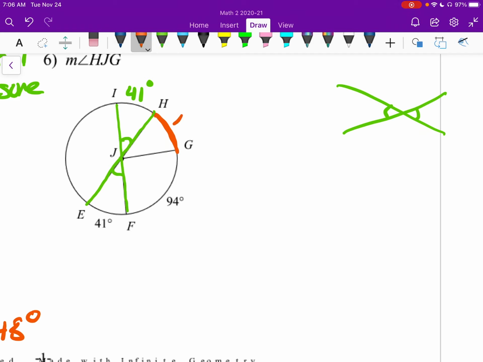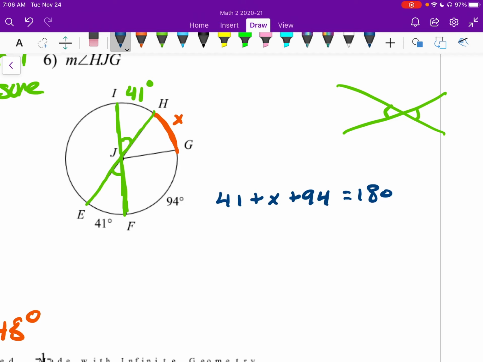Now if I call my arc HG X, then now I have my diameter here, and I have a semicircle, so I can say, well, 41 plus X plus 94 is 180.